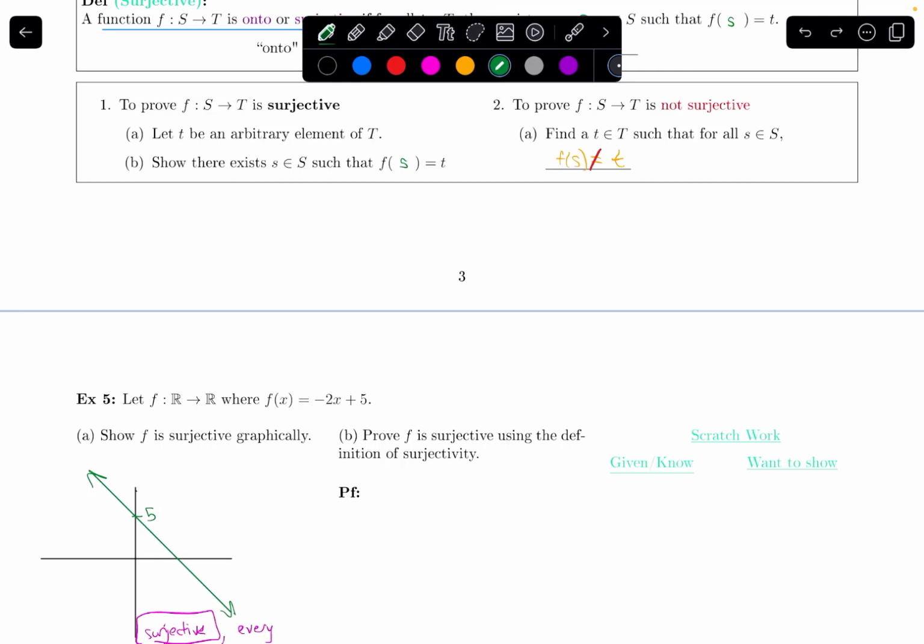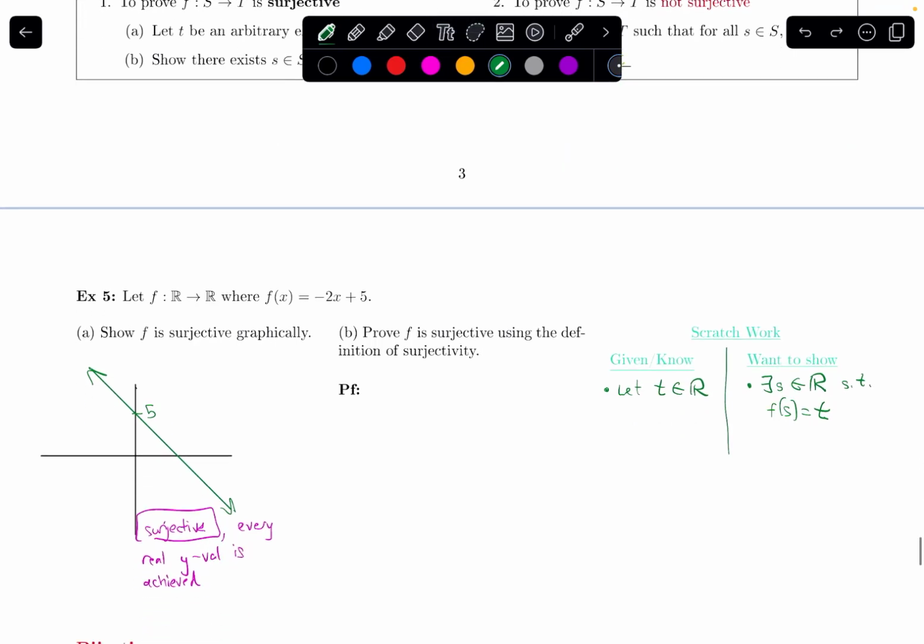So we get to let t be an arbitrary element of my codomain, which in this case is R. And then what I want to show is, I'll put a bullet point here, that there exists some element lowercase s in my domain, which in this case is the reals, such that when I plug that into my function, f of s will be equal to t. So no matter which t I pick, I'm going to have to be arbitrary, I'll be able to find an input that gets me to that output.